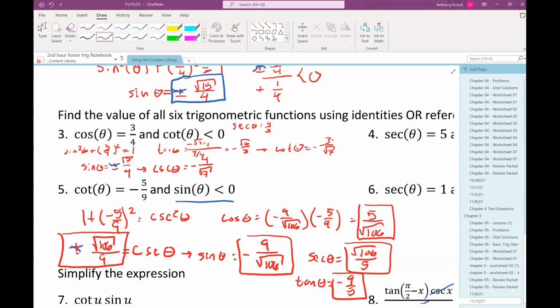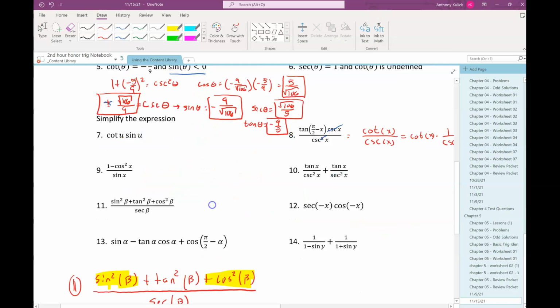Okay. So let's talk about section 5.2 then.